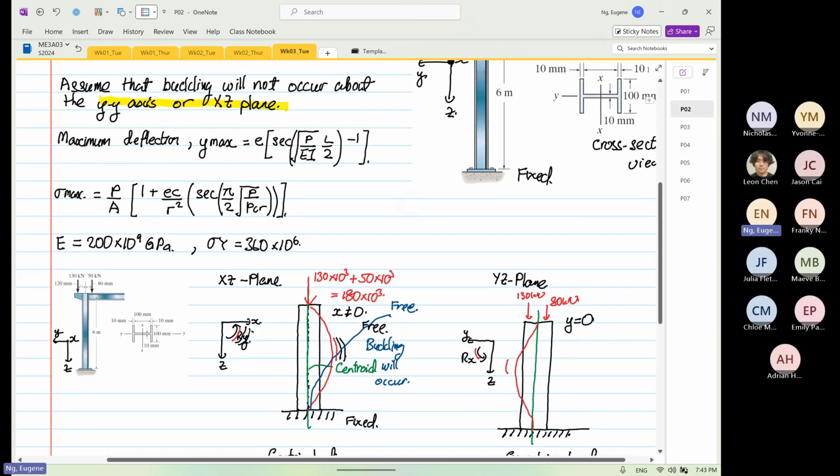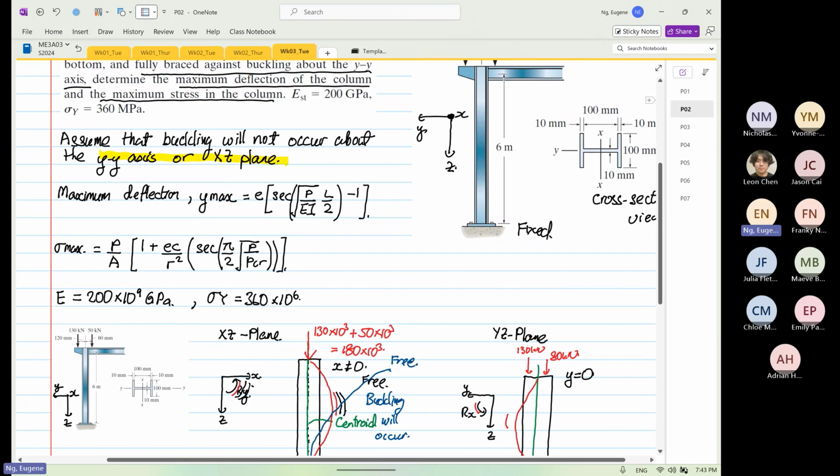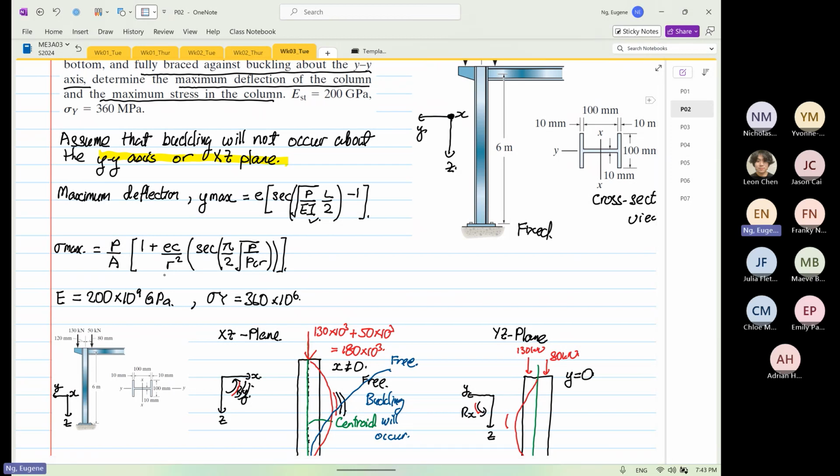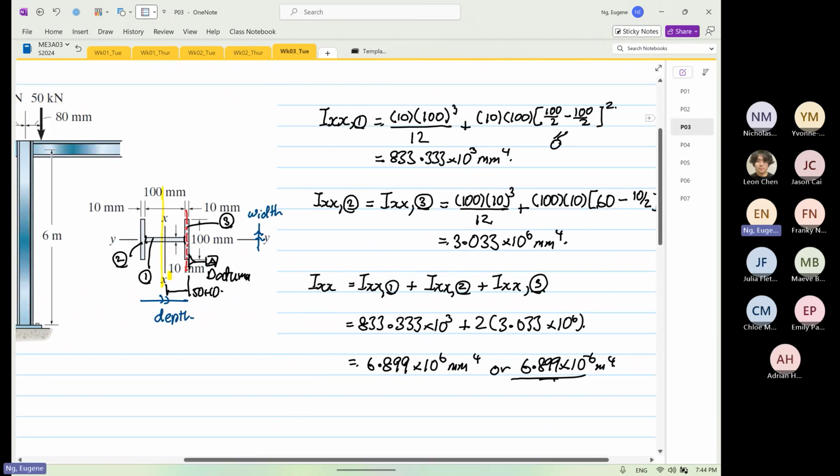So to apply the formula, we need I, right? So we need I, we have. L is quick. The next thing we have to determine is our R. Okay, we have to determine our R. So after knowing Ixx, right?